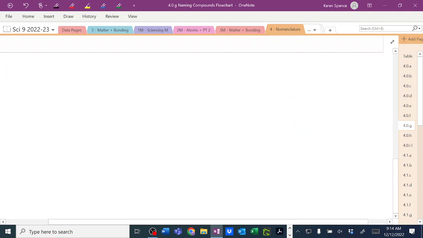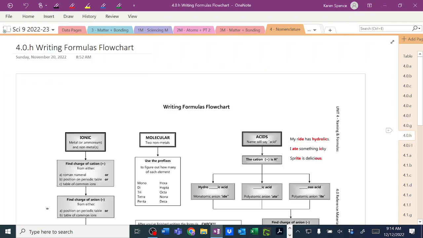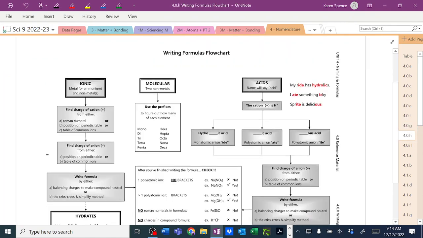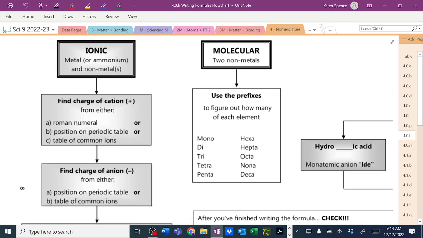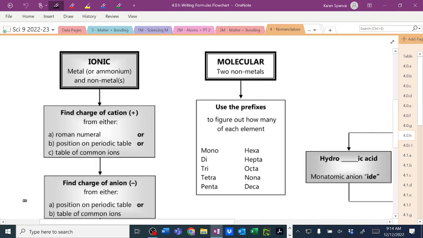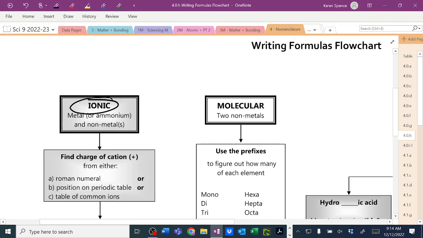Now the second page of the review is about writing the formulas. And again, you need to know that if it's ionic, it starts with a, what does it start with if it's ionic? It starts with a metal, or what?